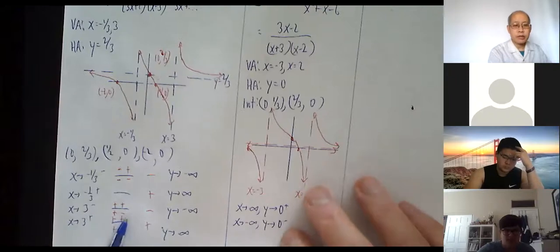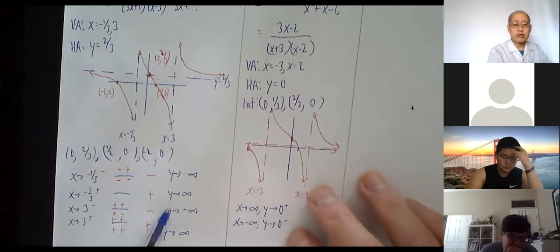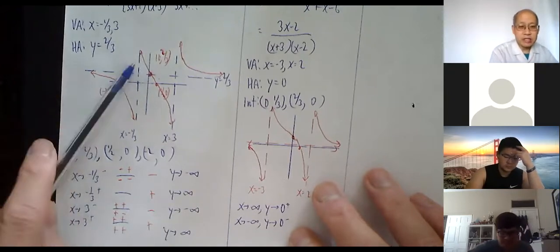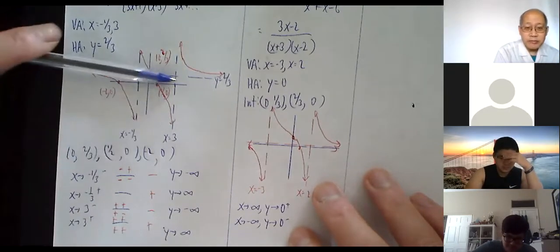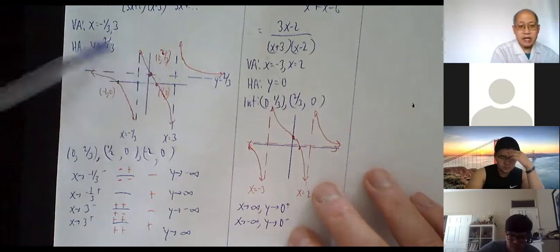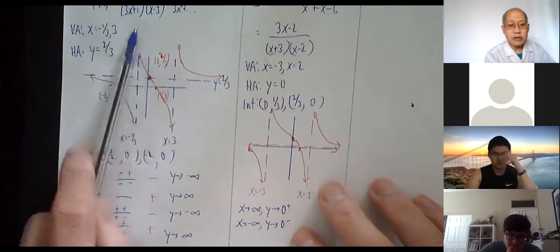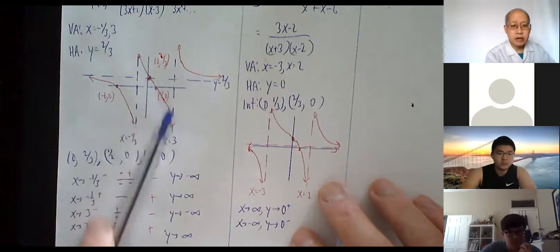So I have 1 negative, leaving with a negative, which means y approaches negative infinity as I approach 3 from the left. That means coming on this side, the function drops down. Okay, so I can connect this now. On this side, it goes way up, touches here, touches there, goes all the way down.